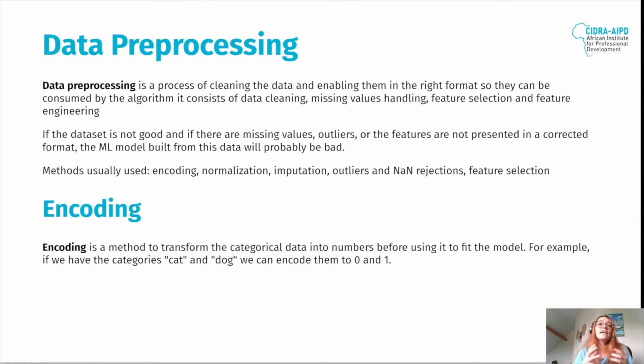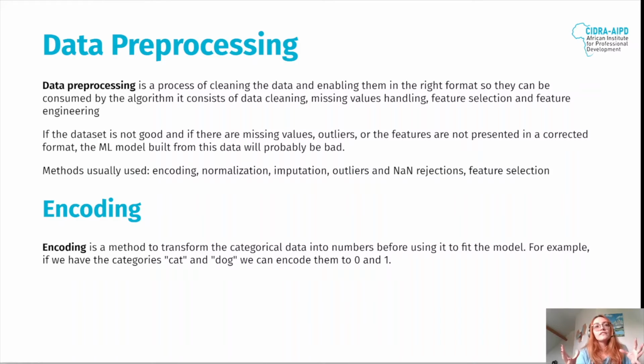Then we go to data processing, which is the process of cleaning the data and putting it in the right format. So checking for missing values, doing feature selection, feature engineering, sorry.